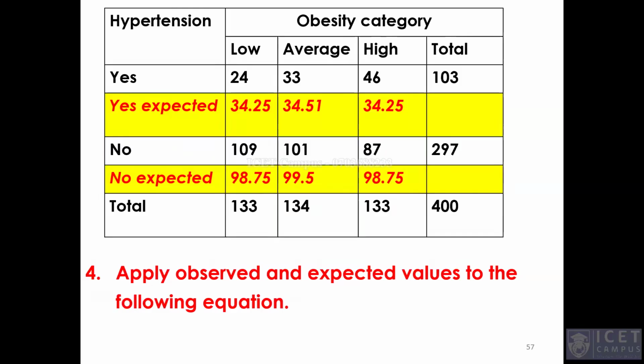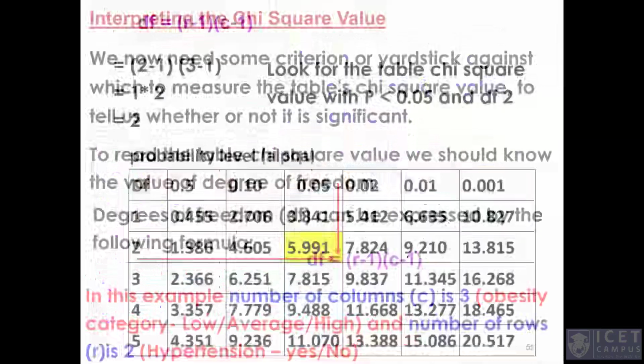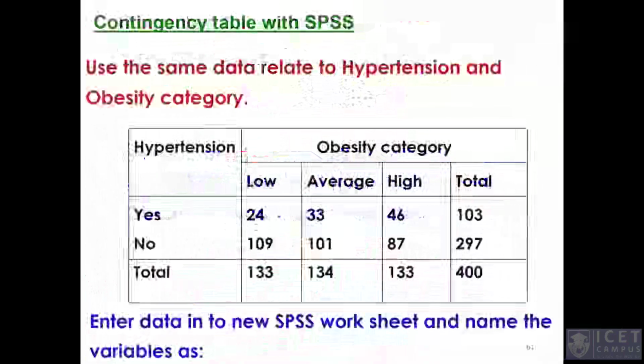Right? Expected frequencies, these things we can find. Right. So we'll go through how we can do this using SPSS. Others you can read and understand. If you're interested, you can calculate using the manual formula. Right.